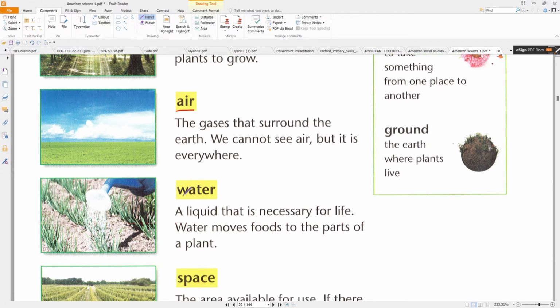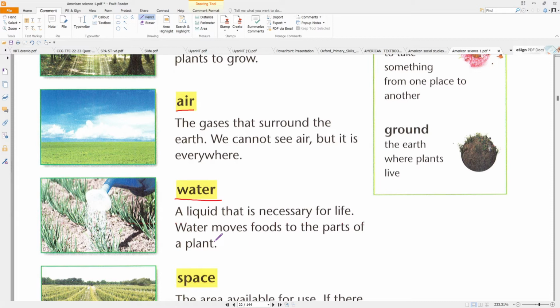Well, this one is a very important part for plants and for us. It's water. So, water is a liquid that is necessary for life. Water moves food to the parts of the plant. Water is a liquid that is always a part of our diet.